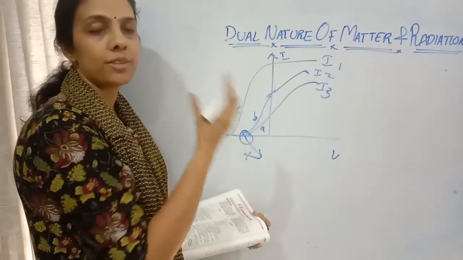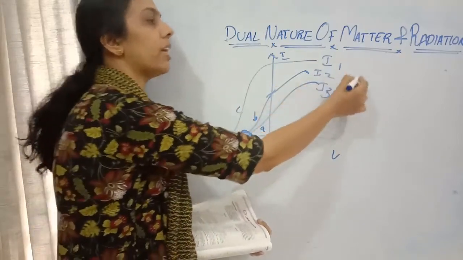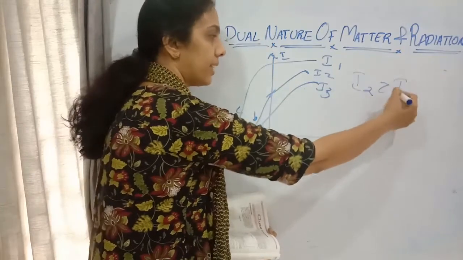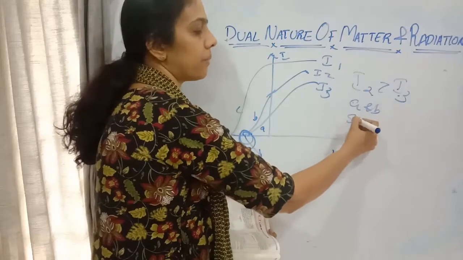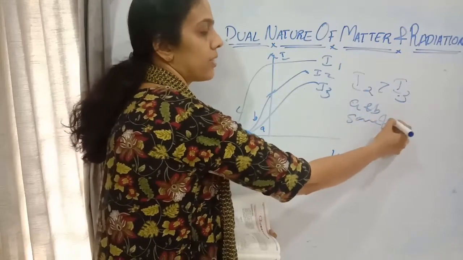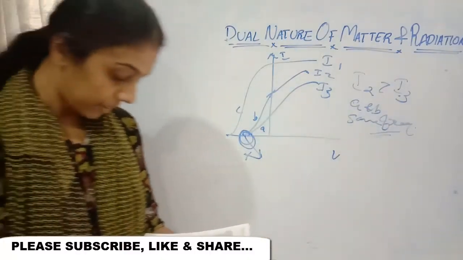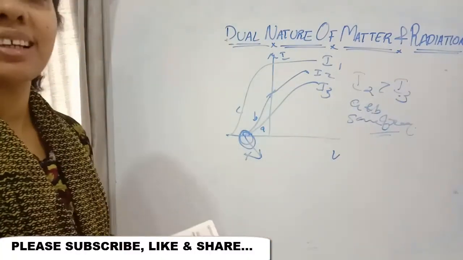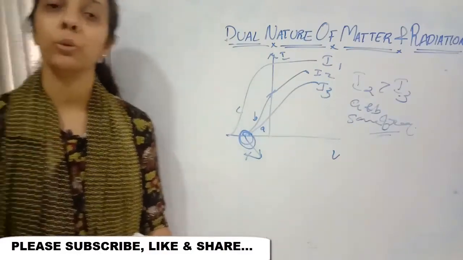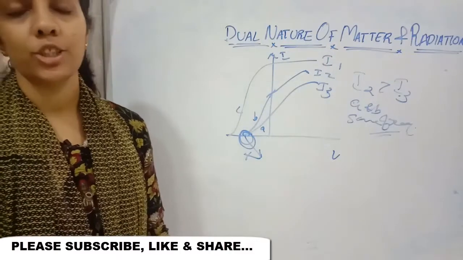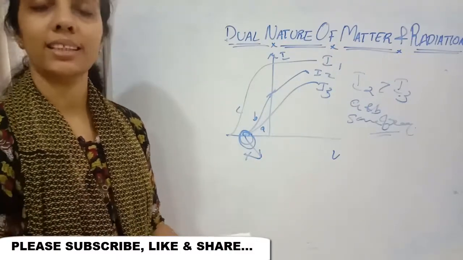For the same frequency of light, it will have the same stopping potential. So curves A and B have the same frequency. Since the stopping potential is the same, we can identify that they have the same frequency. Clear? So these kinds of graph questions can be expected more in this chapter on dual nature of matter and radiation, particularly in photoelectric emission.